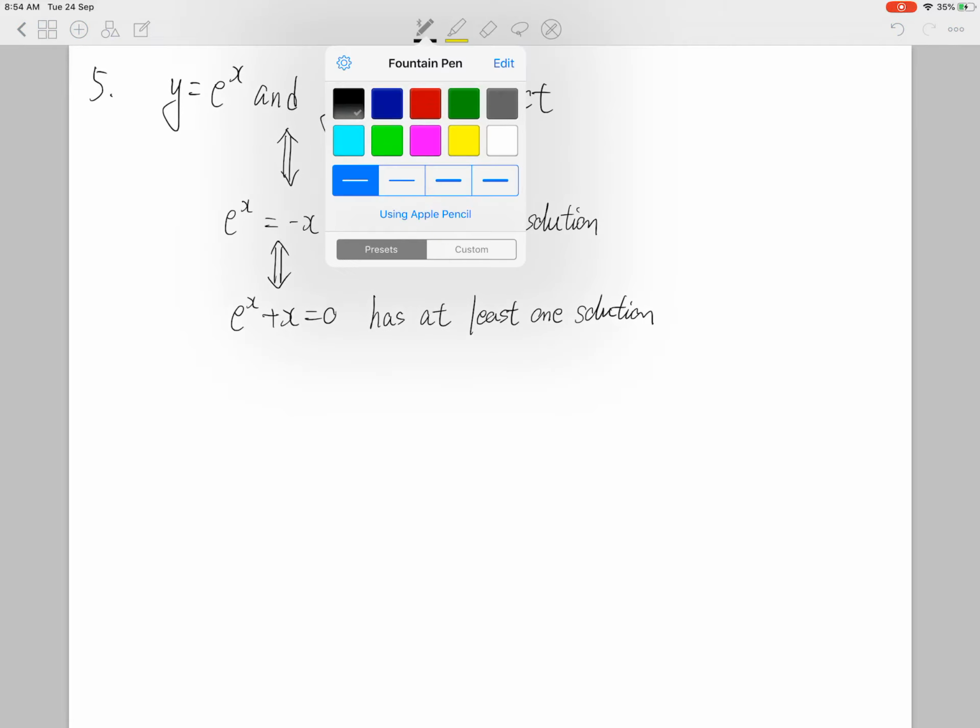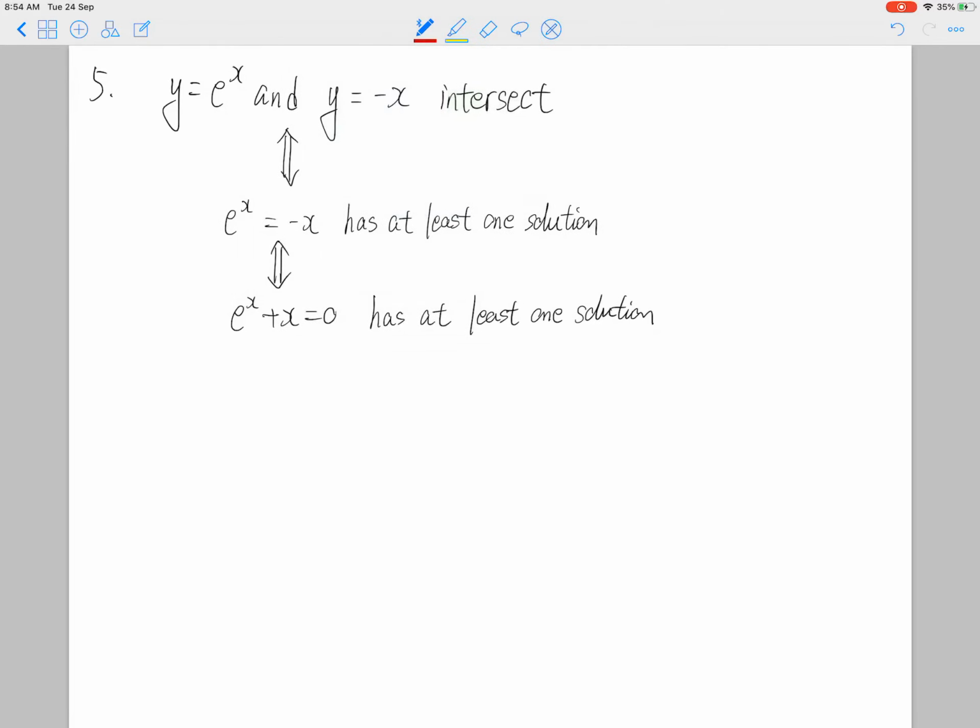So what is your f(x)? This is your f(x). You have to find two x values, a and b, such that f(a) is greater than 0 and f(b) is smaller than 0. So you can try f(0): e to the power of 0 plus 0 is 1. f(1) is of course positive, so now we want to find a negative number.